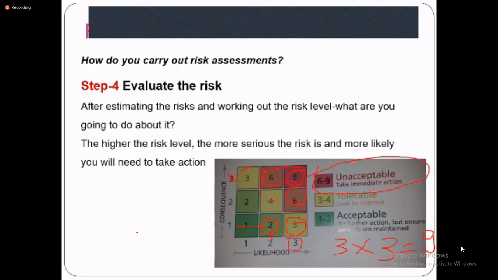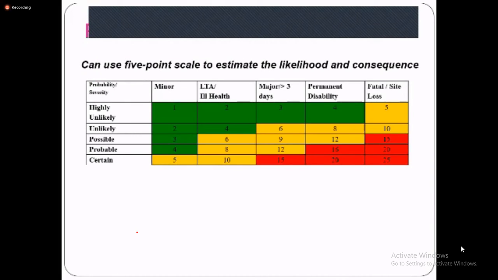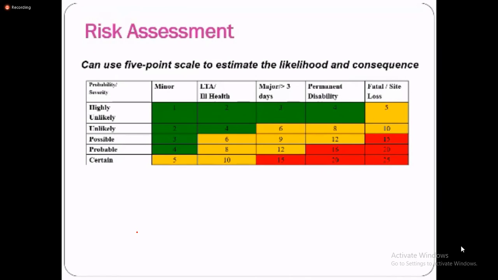Okay. Now I will move to the 5 by 5 matrix. This is the common matrix used by most organizations because it is easy. But there are other concepts like the FMEA method, failure mode and effects analysis. There they identify the failure modes related to the particular hazards.